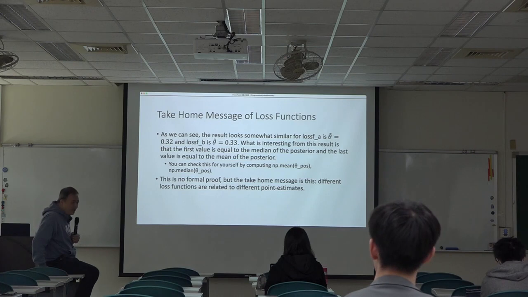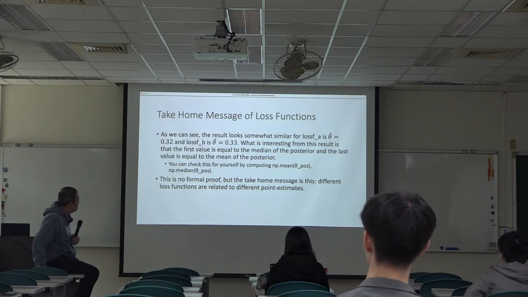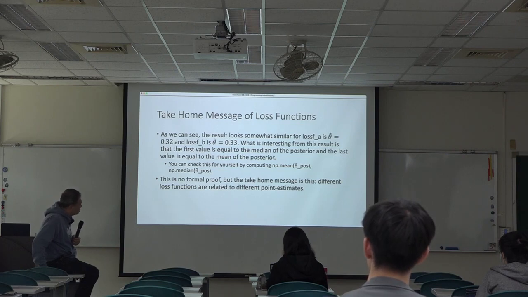One possible question I can ask you is, when you want to minimize, for example, this quadratic loss function, the result is the mean of the posterior. Can you prove that?